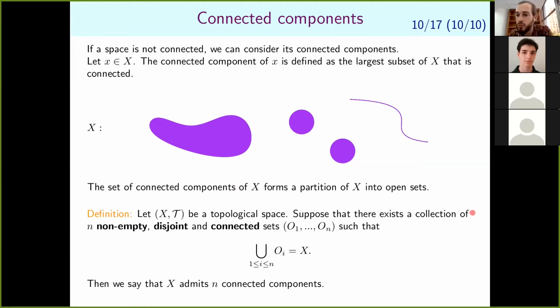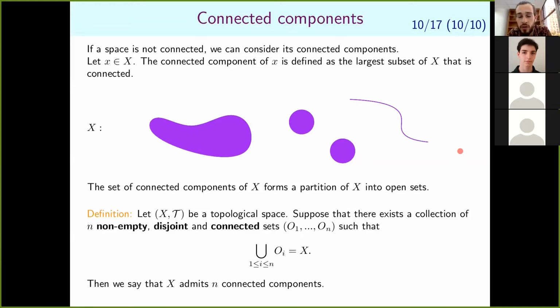So let me give you a precise definition. Each part of this partition must be an open subset, because you can show that a connected component is open.